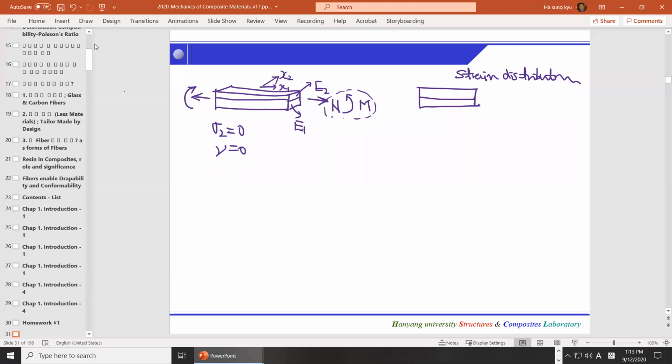Strain distribution is assumed to vary through the thickness. Vary through the thickness means that the strain level can be something like that. And this is called epsilon x. Of course, on the opposite side, we'll have the same strain level like that.